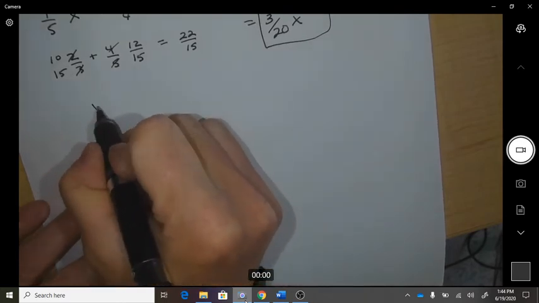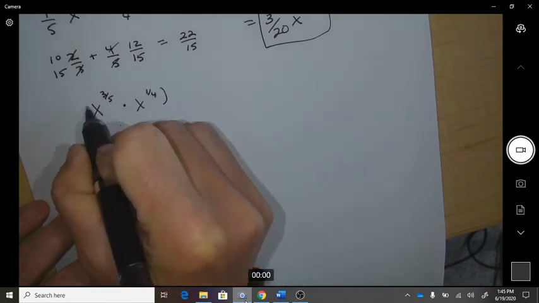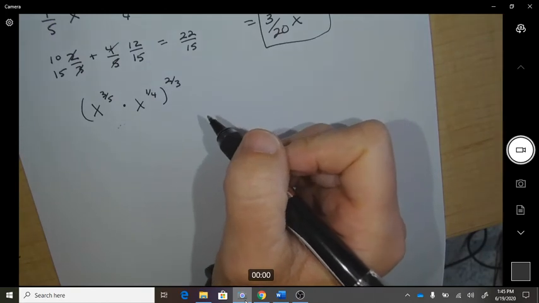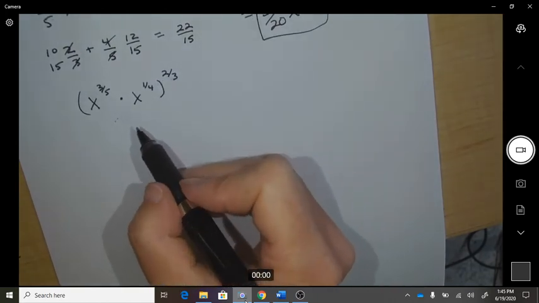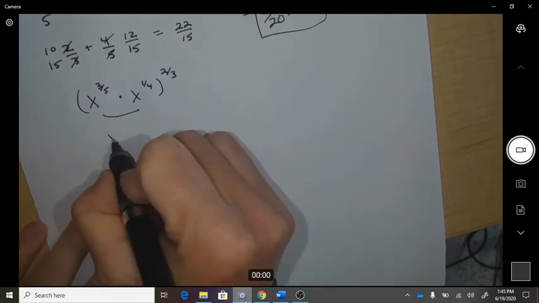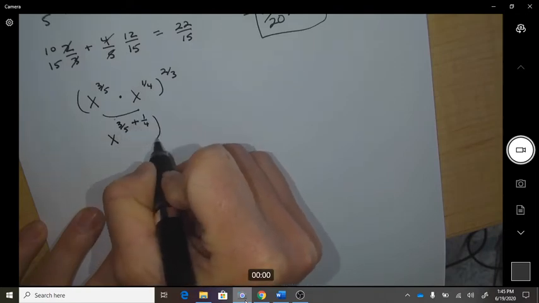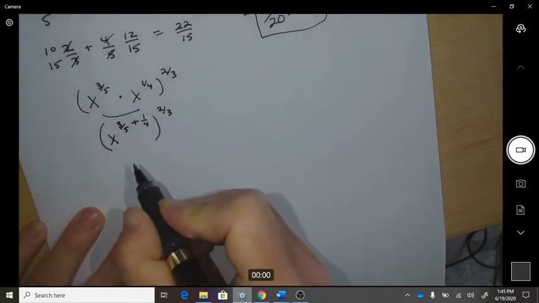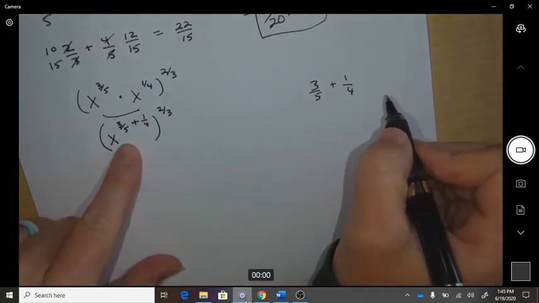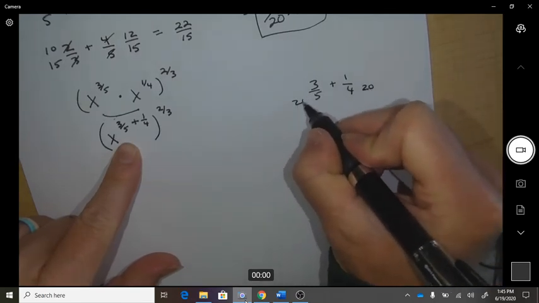Okay, so x to the 3/5 times x to the 1/4, and then to the 2/3. So I'm going to do this first, so because that's timesing, I'm going to add. So over here 3/5 plus 1/4, again the denominator is not the same, so I'm changing them both to a 20.